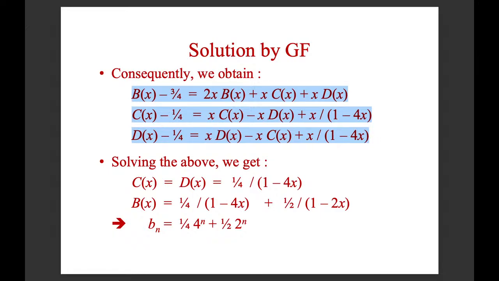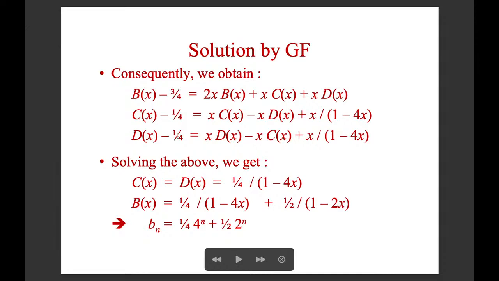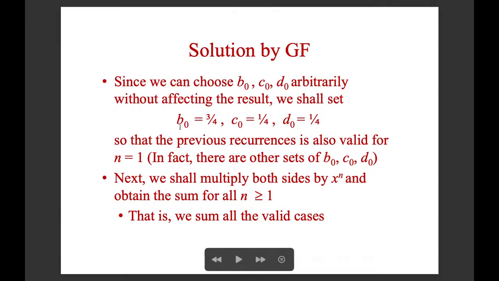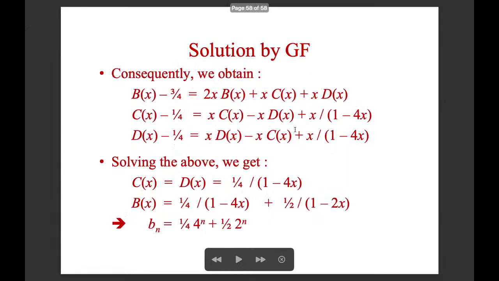Now the terms here, minus 3 over 4, minus 1 over 4, minus 1 over 4, come from setting B0, C0, D0 to specific values so that it can be used to our benefit and we can avoid a lot of terms later when we simplify the right hand side. So this is a clever choice of B0, this is a clever choice of C0, and this is a clever choice of D0. After doing this, we can use algebra.